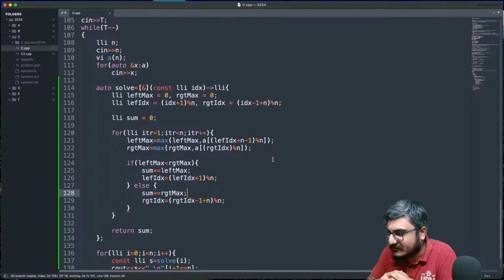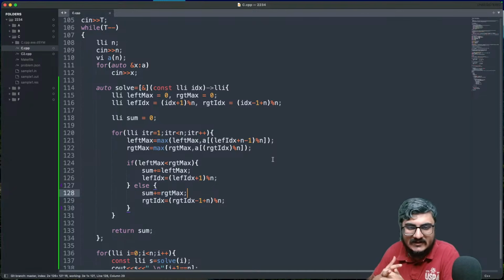So now all I did was the same two pointer idea. All I did was optimize it a bit further, and then we were done.